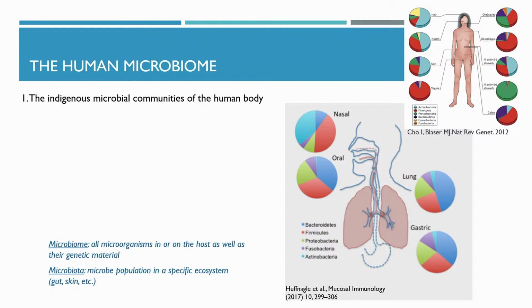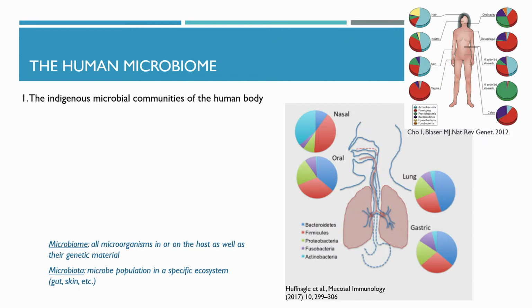And if you notice at the top, let me turn this light off. In this image up here, you'll notice even your hair has a microbiome, your nose, skin, vagina, colon, stomach, esophagus, and the oral cavity. If you look at these colors, they indicate different types of bacteria.